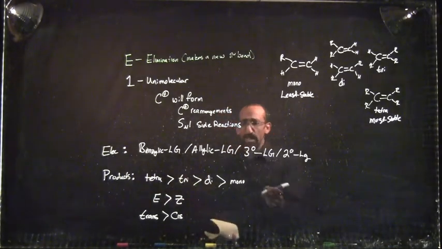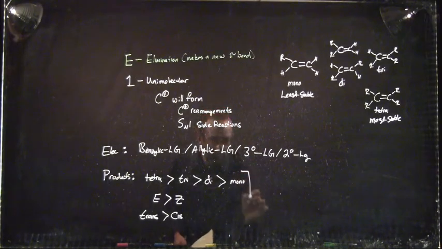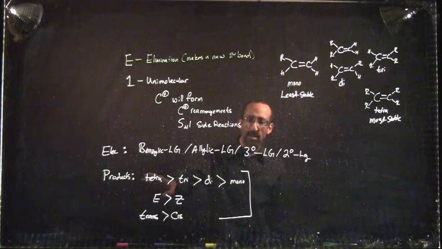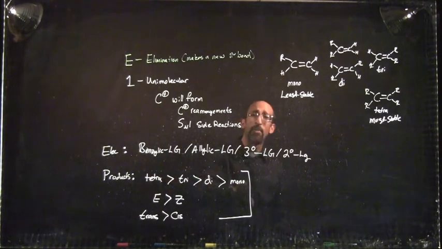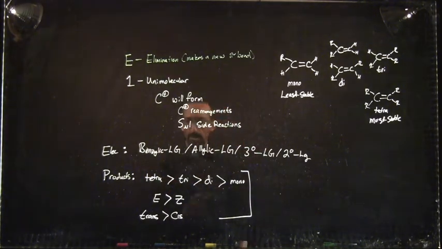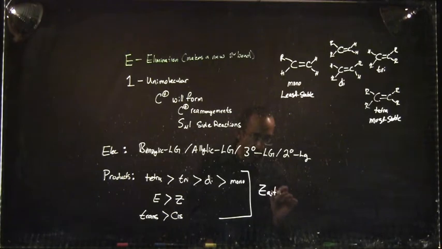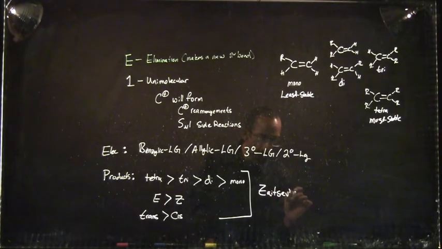By the way, this trend that E1 reactions prefer to form tetrasubstituted alkenes over tri, di, or mono, this whole concept that we have in products, is known as Zaitsev's rule.